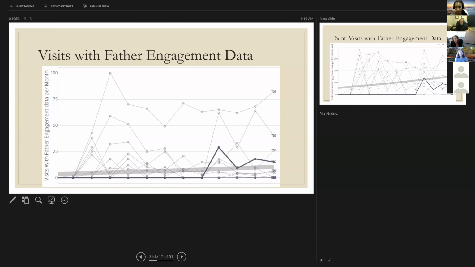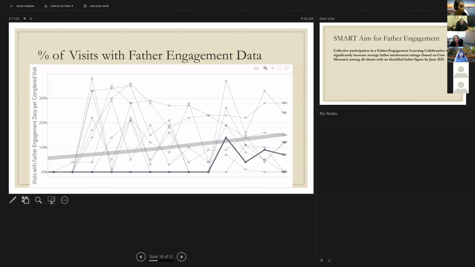It's about a handful of visits each month where we're getting data on father engagement. And if we look at the percent of visits, the good thing was this increased over time. So as the Learning Collaborative went on, we were getting more and more data on fathers, which was great. And we ended up with about 15% of the visits where we were getting father engagement data.